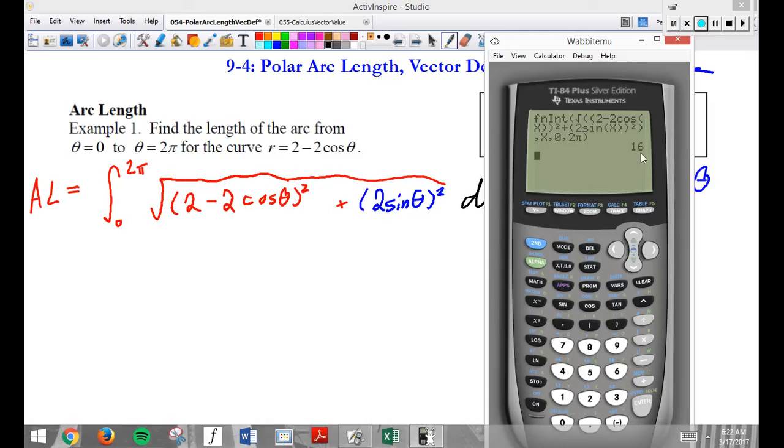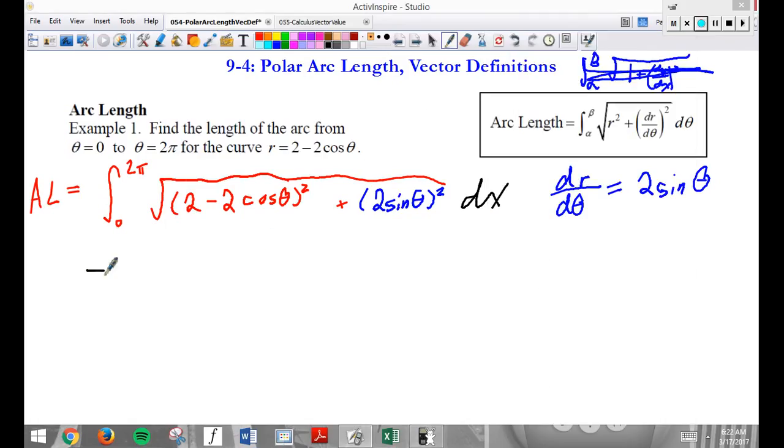Alright, what happens when we get a nice whole number like that? That is the right answer. Meaning if you don't get that, it's because you typed something wrong. I'm still going to write 16.000. Now, you should be a little suspicious when you get a whole number like that. Maybe it's because you typed something in wrong. Probably not, though. It's probably just a nice classical function.